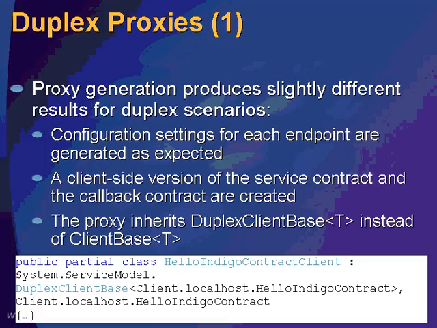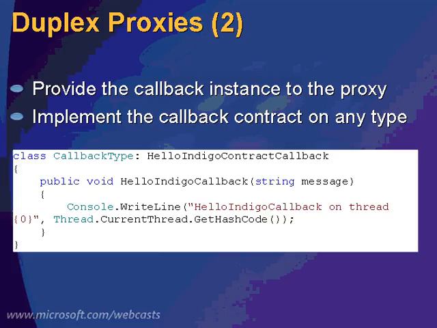that we were absolutely required to inform the proxy of the client-side object that implements the callback contract, right? We have to create an instance of that object, and it has to be alive and waiting for notifications. And we do that by providing the callback instance to the proxy.